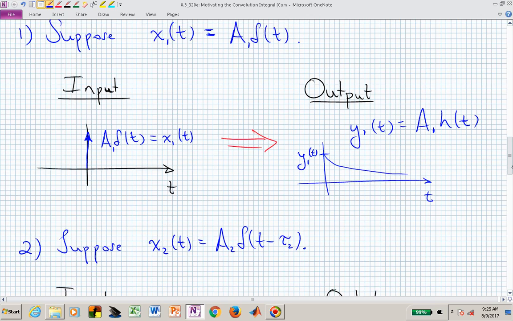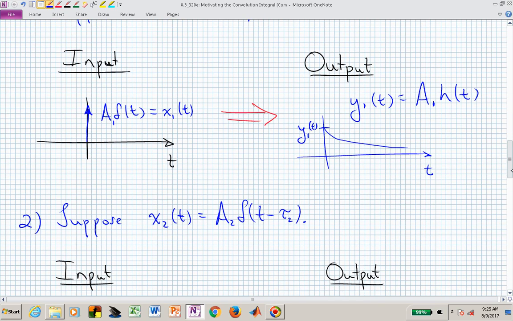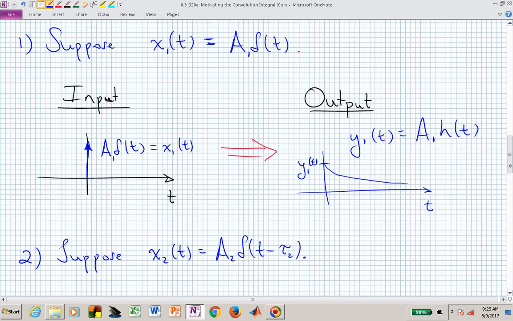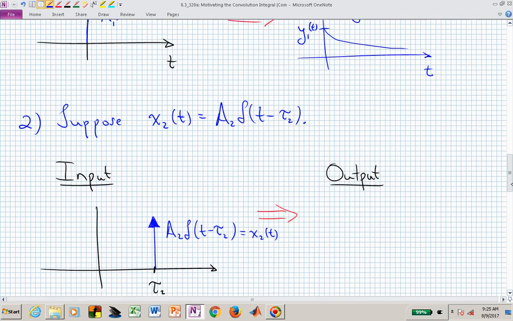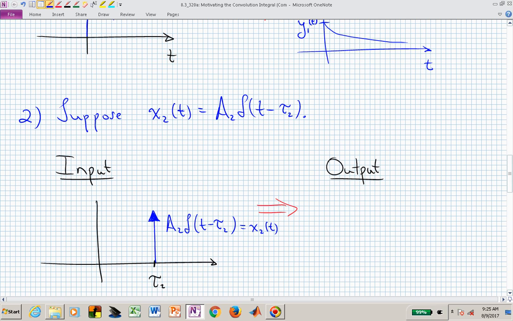Let's change that up a little bit. Suppose we delay the input, and now into our system, we don't start exciting our system until time tau sub 2. What now happens in the output? Well, again, our system, if it's a linear time invariant system, behaves no differently at 0 as it does at tau sub 2. So now y sub 2 of t is just a scaled impulse response, and its scaling is based on how much we had scaled the impulse function in the input to our system.